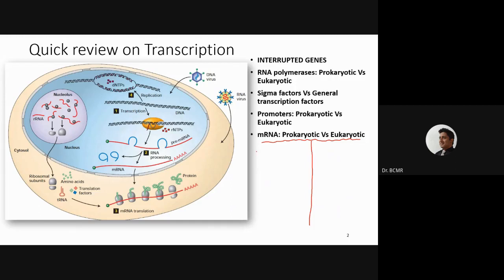First thing, as it is produced, the majority of prokaryotic mRNAs are polycistronic, whereas eukaryotic mRNAs are monocistronic.